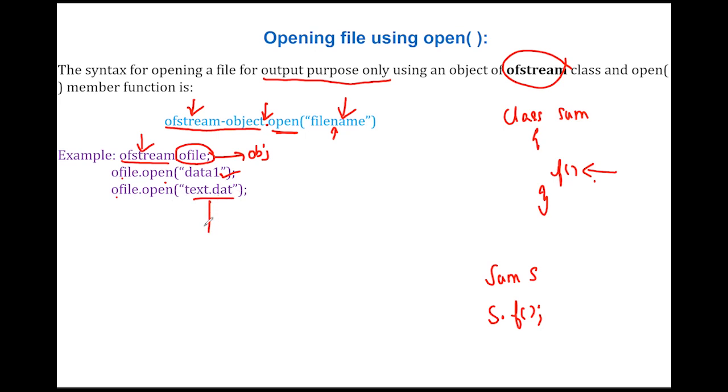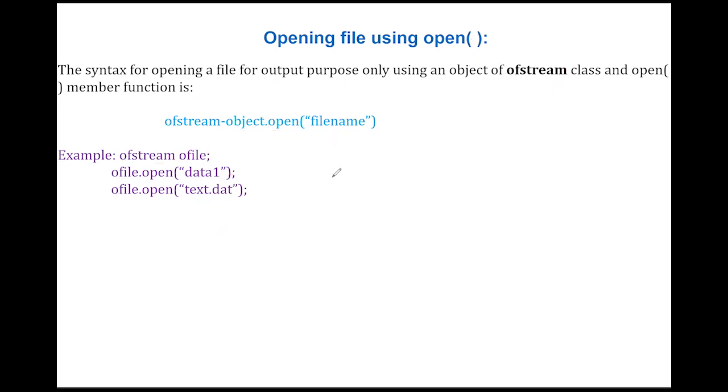So like this I can open n number of files using this particular object. I hope this is clear. This is very simple, students. When it comes to a constructor, I'm creating an object and directly passing a file as a parameter. Here, using an open member function, since it is a member function, first I'm creating an object, and using a dot operator I'm calling this member function, right?